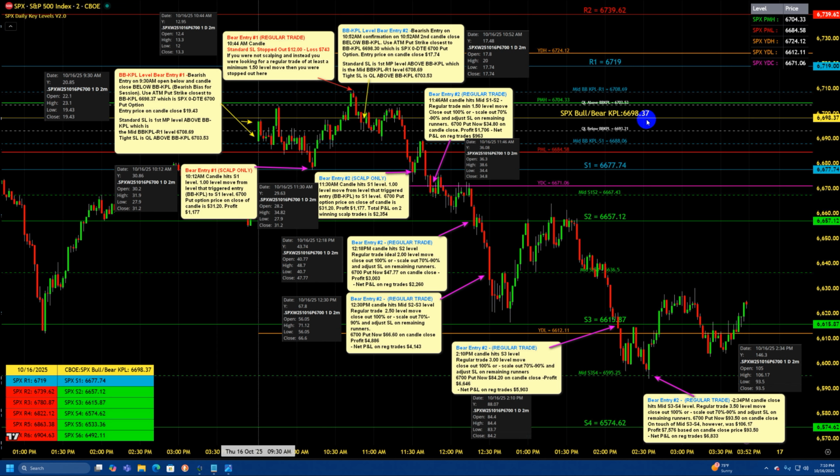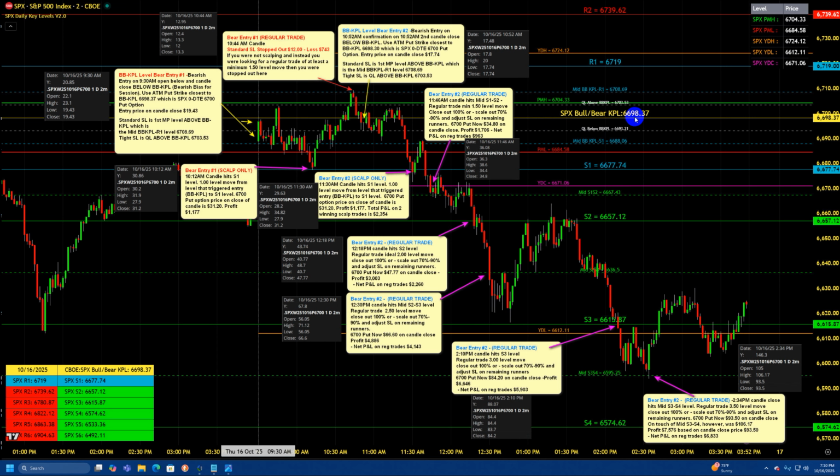SPX trades in 5-point increments. So as an example, 6690, 6695, 6700, 6705, 6710, etc. So the standard option play for the bull bear key price level is you would pick the strike that is closest to today's BBKPL price.